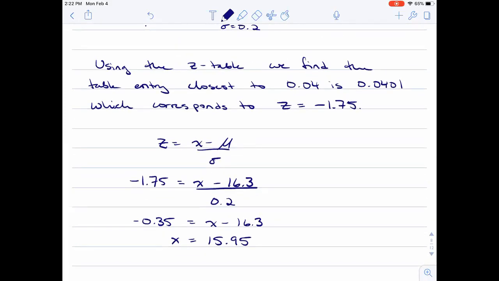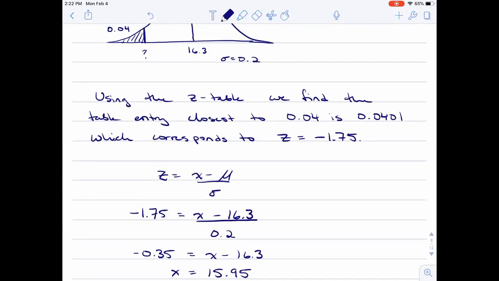So now what we're saying is that we can guarantee that no more than 4% of boxes weigh less than 15.95 ounces.